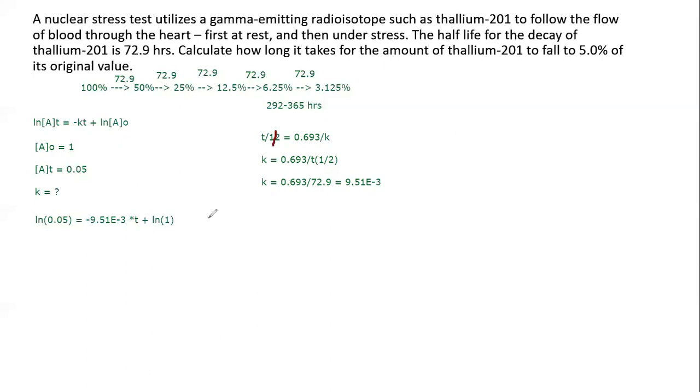There you go, it's the half-life. So ln of 1 is 0. So then we just have this left to simplify to solve for t. And so if we did it correctly, the negative sign should cancel and we can determine t.